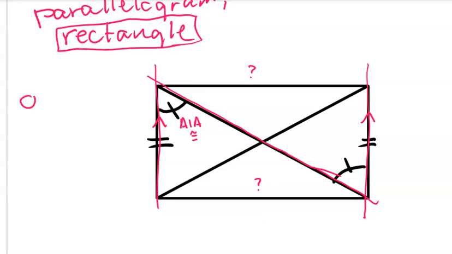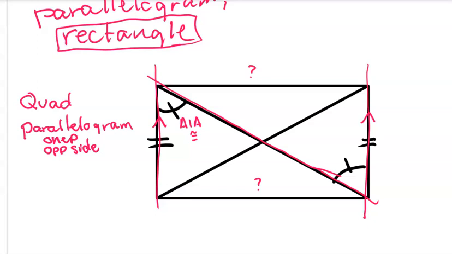So this one is a quadrilateral, definitely 4 sides, and it is a parallelogram because one pair of opposite sides is both parallel and congruent. So this one is a parallelogram. That's the most specific one that it could be.